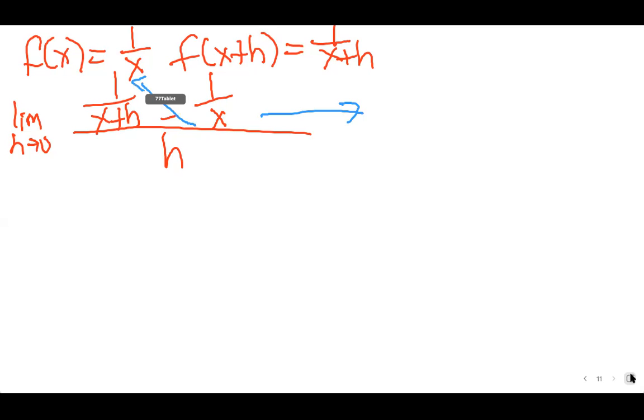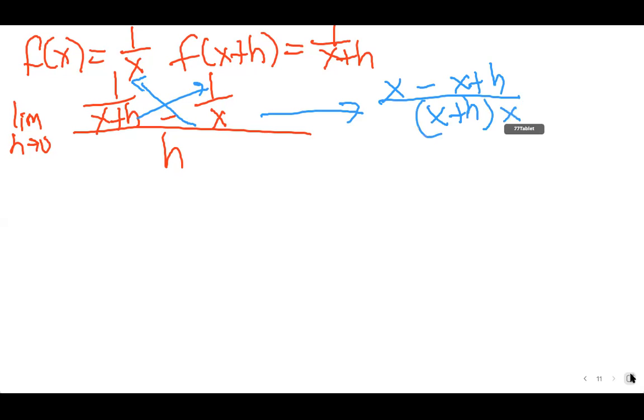Okay? And then yung x plus h will be multiplied to another 1. Tama? So, magiging x minus x plus h all over x plus h times x. Correct? I multiply those to the upper part, to the lower part, para mas kita natin. Okay?